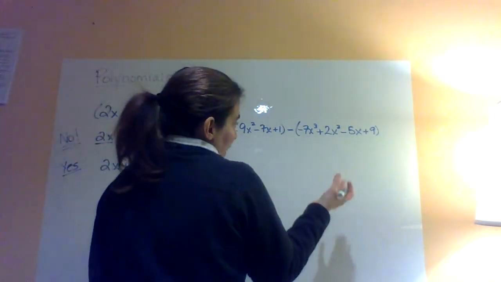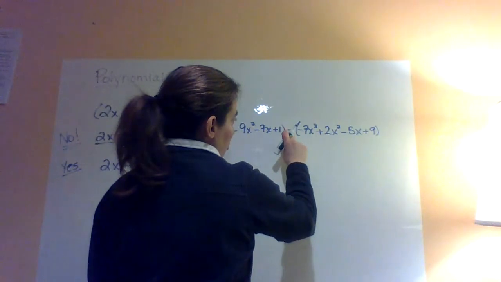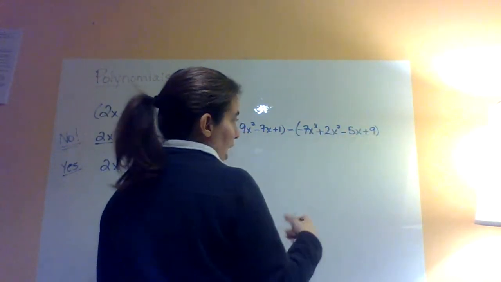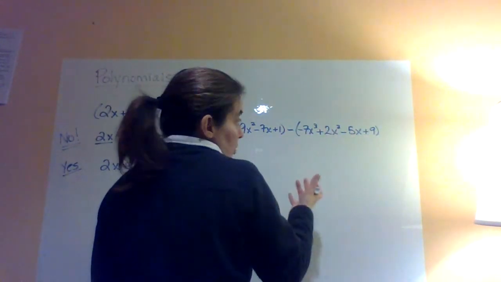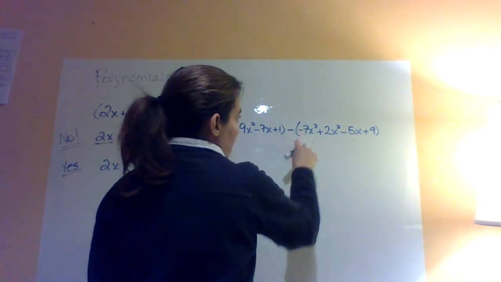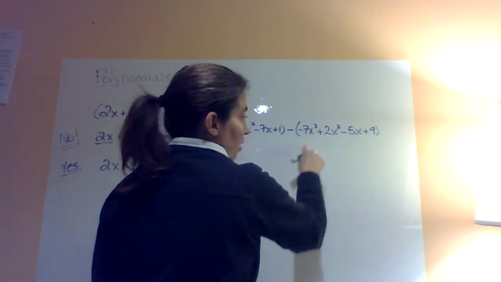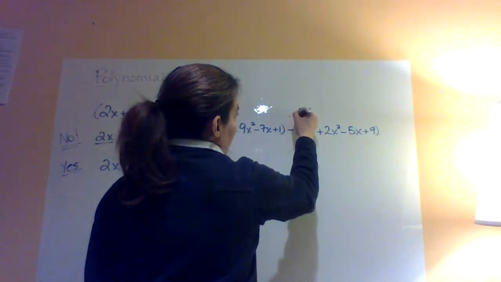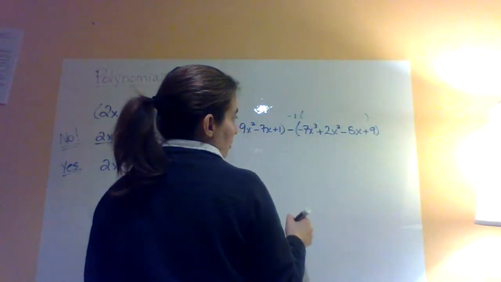One way sometimes people think of it as kind of a shortcut is to change this to a plus and change everything here to its opposites, which is what's happening, right? You can also think of it that I'm saying minus a negative is plus, but minus a positive is negative. Or you can think of this as negative 1 times all of that, okay?